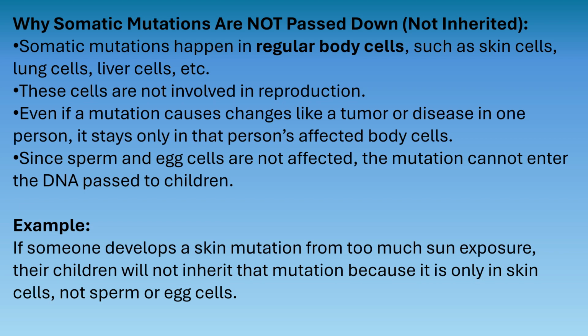Since sperm and egg cells are not affected, the mutation cannot enter the DNA passed to children. For example, if someone develops a skin mutation from too much sun exposure, their children will not inherit that mutation because it is only in skin cells, not sperm or egg cells.